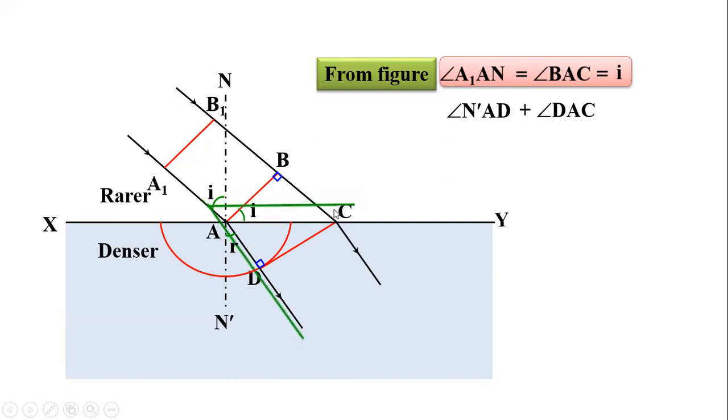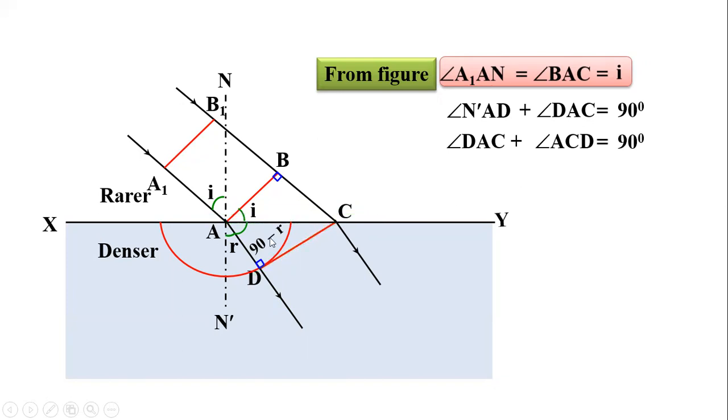Now, in this, if we add angle N dash AD and angle DAC, definitely this will be 90 degrees. Then angle DAC plus angle ACD will also be 90 degrees.